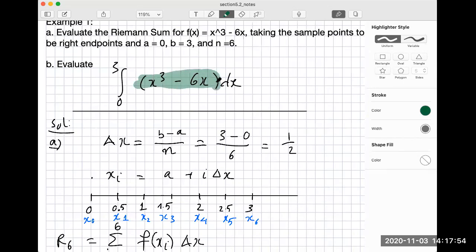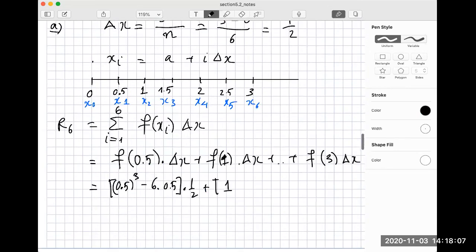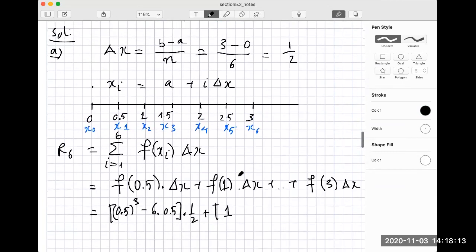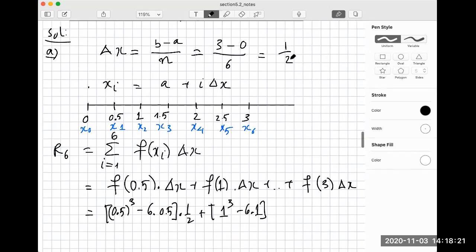This is the function f, and we want to evaluate the value at x2, which is 1. Perfect. And delta x we computed here, 1/2, right?